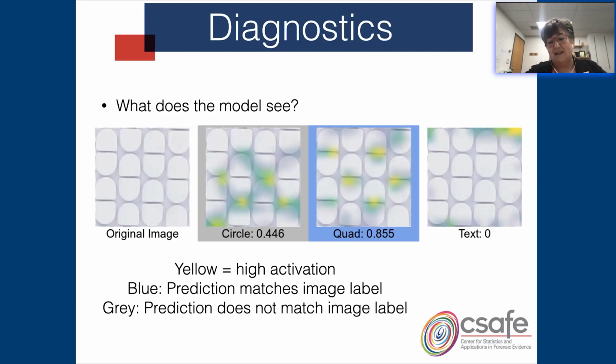And you can see that some of our labels are questionable. The shoe labeling could also point out that there are some circular or round features in the shoe pattern here as well. But in the training data, this was marked as quadrilateral.